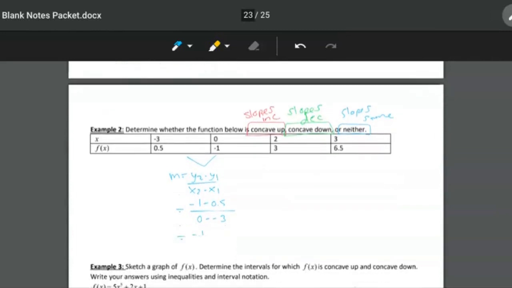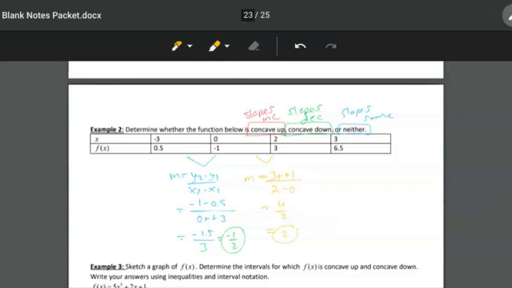So we'd get -1.5 over, we'd have a double negative there, turn to positive, 3, which really is -1/2 if you reduce it. So let's move on to the next point. Let's find the slope. Probably don't have to write our formula this time. 3 minus -1 all over 2 minus 0. That's a double negative that turns to positive. You get 4 over 2, which is 2.